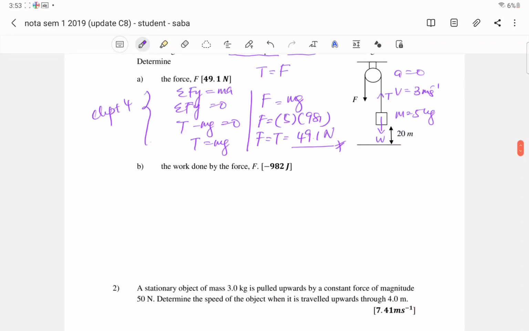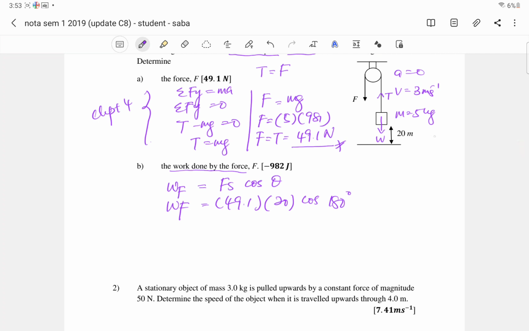For the work done by the force, WF is equal to Fs cos theta. F is 49.1, S is 20, and then we have cos 180 degrees, because we want to raise the displacement upward, Fg is downward, so we have 180 degrees. So WF equals negative 982 joules.